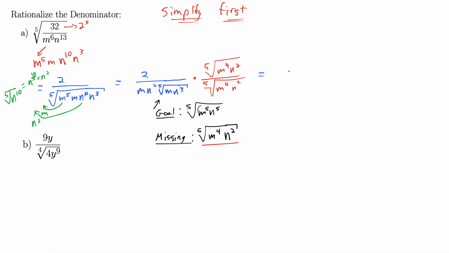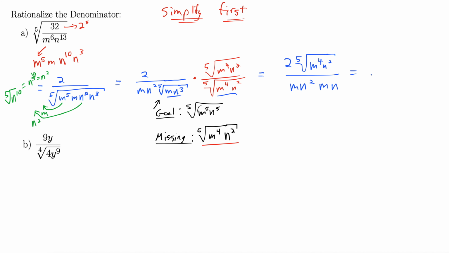On the top, we just have 2 times the fifth root of m to the 4th n squared. Down below, we had an n squared left over from before, and if we combine both these denominators, we'd have the fifth root of m to the 5th n to the 5th, which is simply m times n.